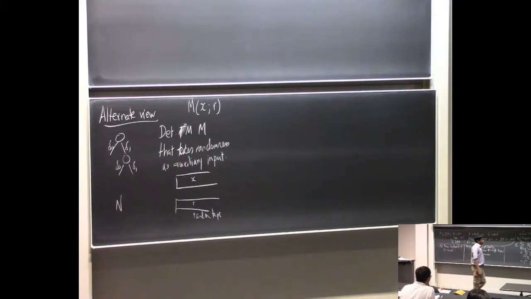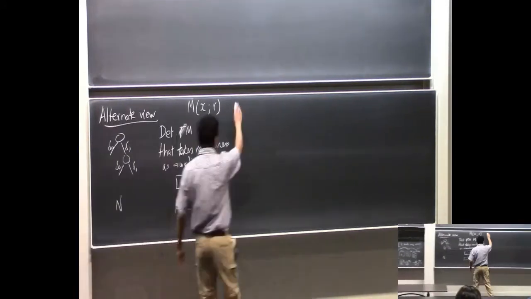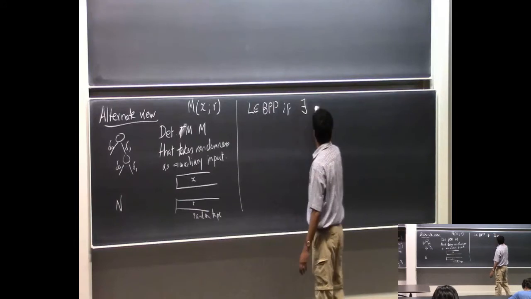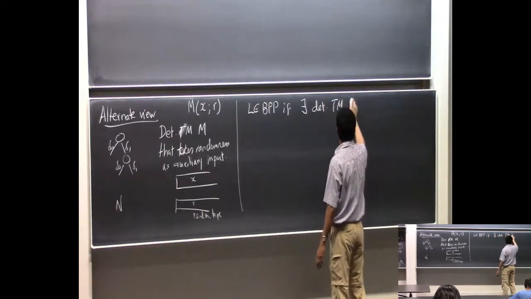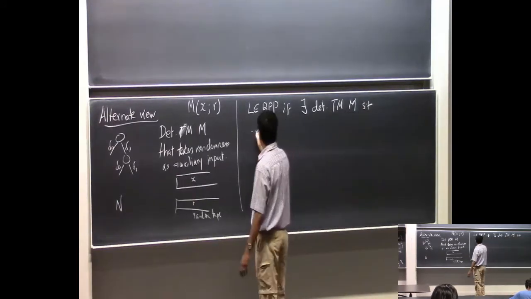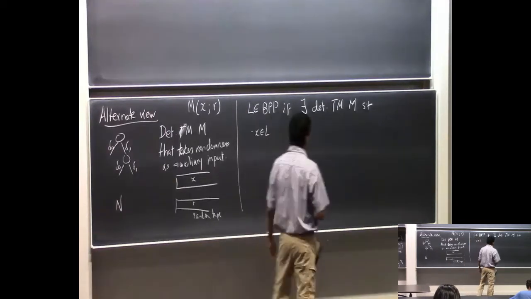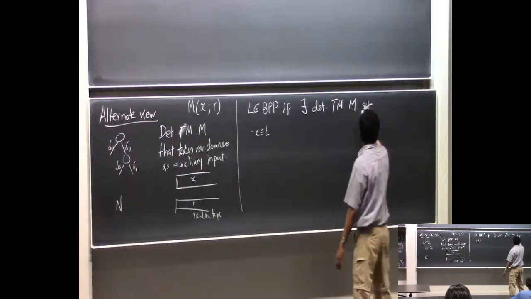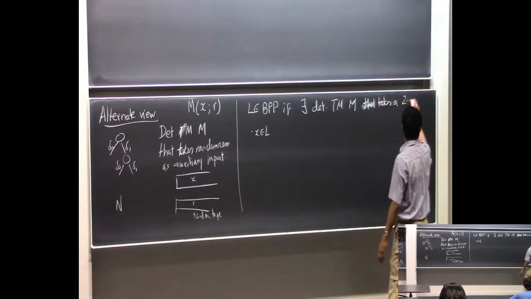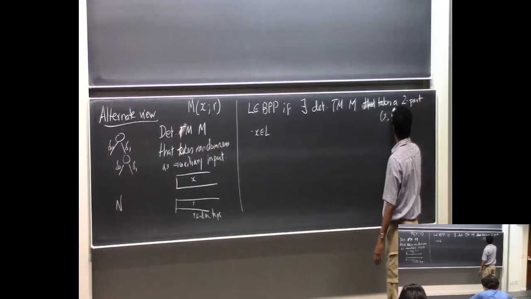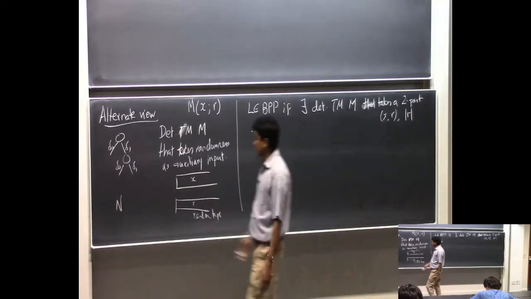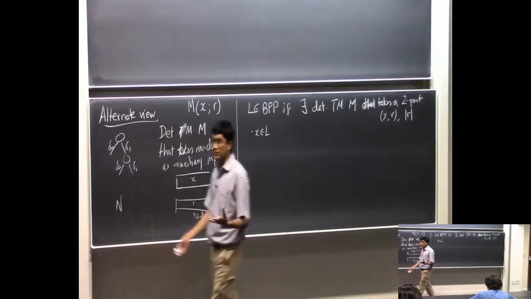Okay. So now let's write down the definition of BPP in this language. L is in BPP if there exists a deterministic Turing machine M that takes a two-part input, X comma R, such that, of course, the R you don't want to be too big, because these machines are supposed to be polynomial time, so they can't use more than polynomially many random bits.